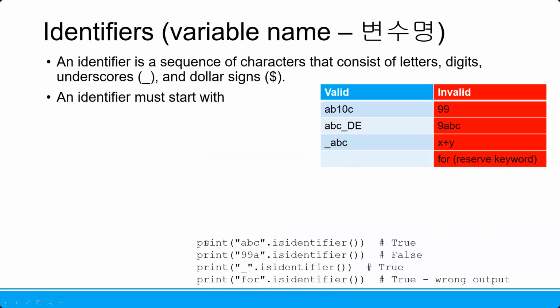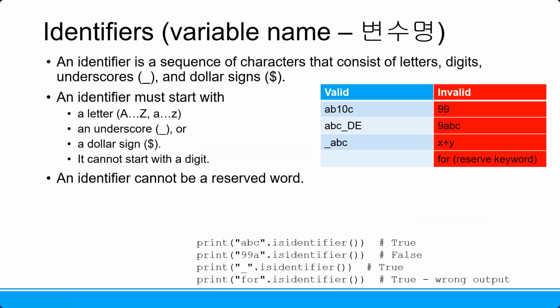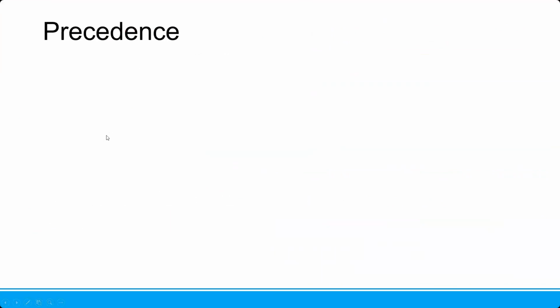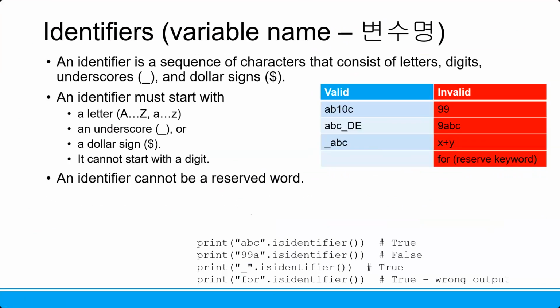The other thing that you need to know for the identifier is that it cannot be a reserved word. What is a reserved word? Oh, I didn't put the reserved word, sorry. So reserved word means anything that is Python syntax. Okay. So we will learn more about the reserved words.